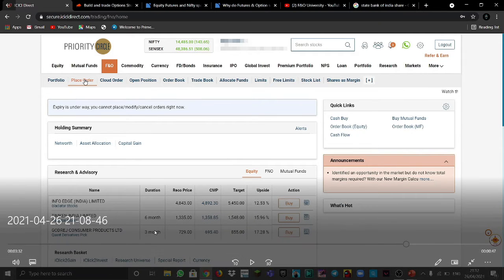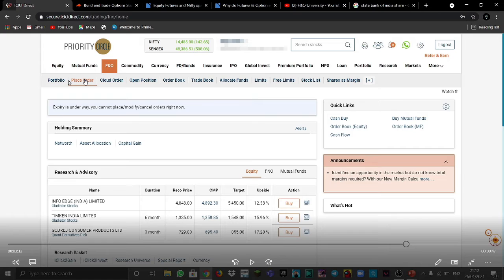You may have paid some money and bought about 2,000 shares of State Bank of India at whatever price. Now suddenly there's some bearish news, and you see that State Bank of India shares might go down, so you have a bearish view now.